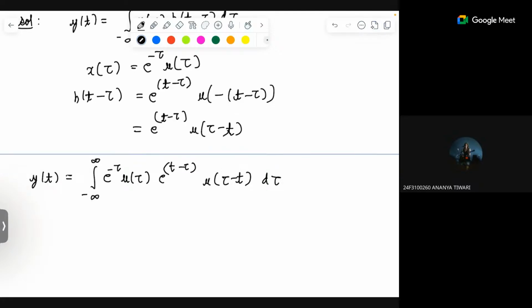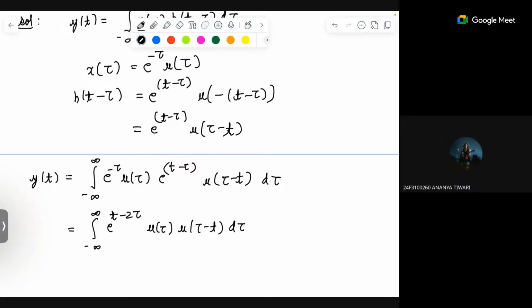So let us take these exponential terms together: the integral from minus infinity to infinity of e raised to the power of t minus 2 tau u of tau minus t d tau.